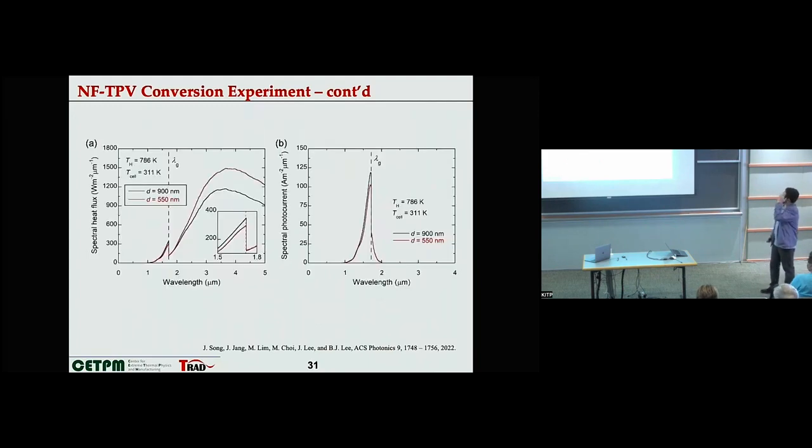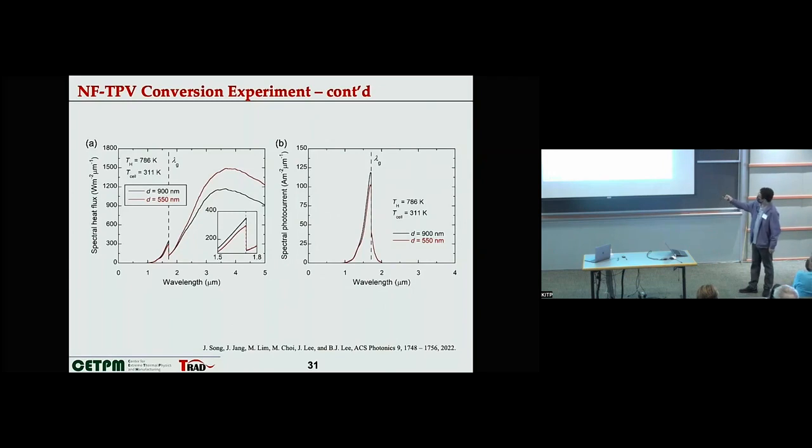So I'm a little bit off. What we do basically, in terms of the spectral heat flux, because we have about 800 Kelvin, because of the Planck distribution it will show a large heat transfer rate in the long wavelength.